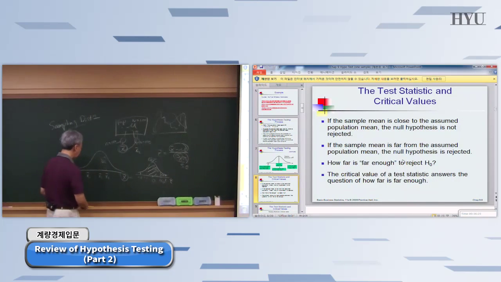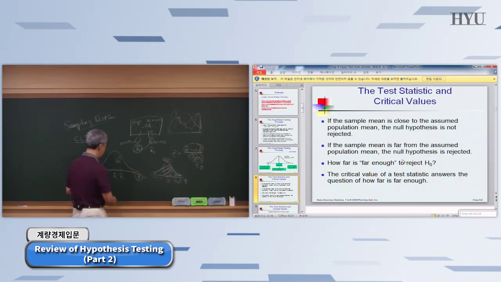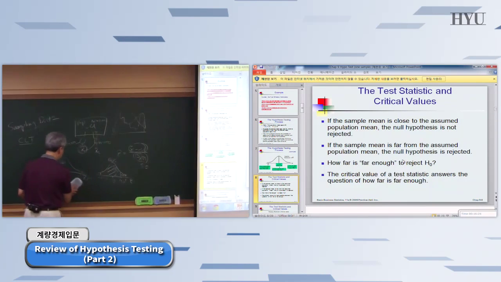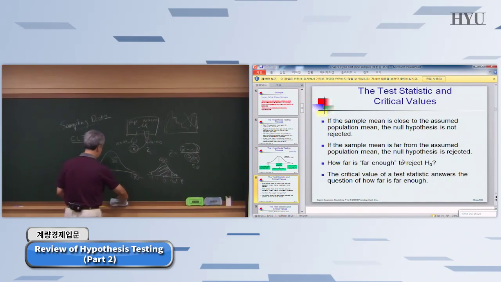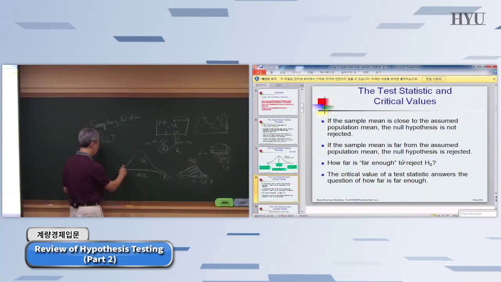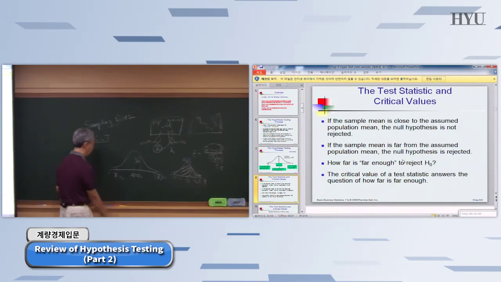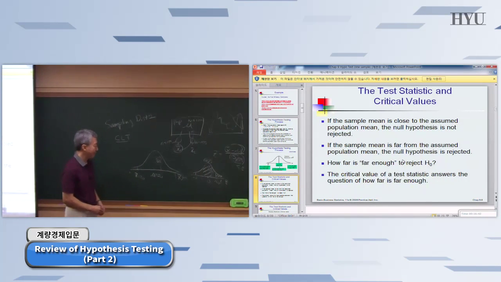So in your sampling distribution, your null hypothesis claims the mean is 50, but here the sample mean came out to be 20. Then in all likelihood, you'll probably have to reject the null hypothesis.